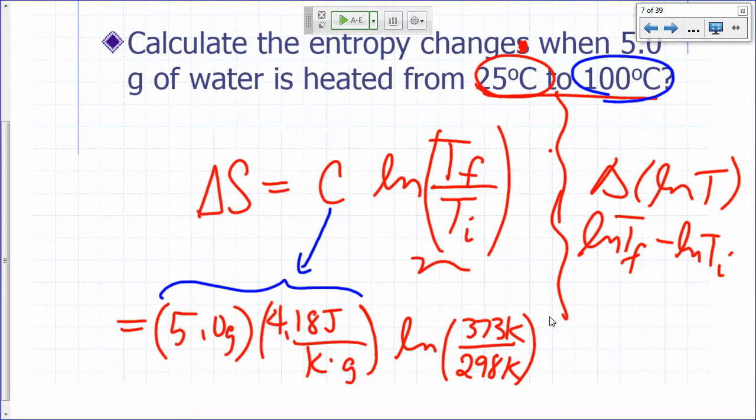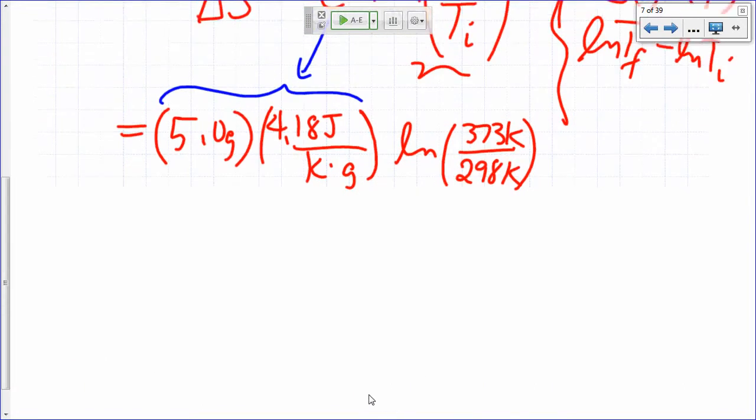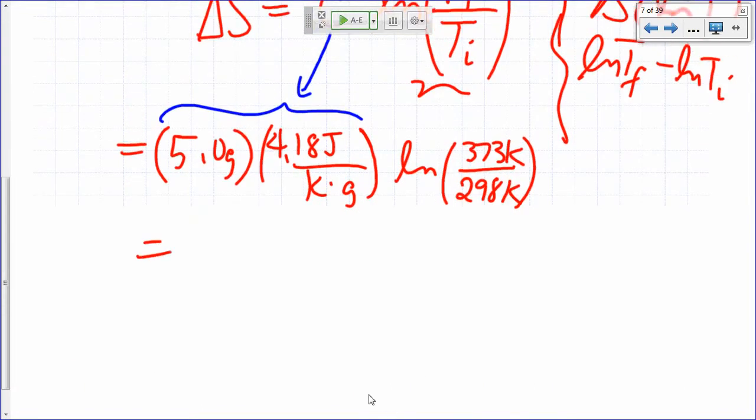So that's how you calculate your delta S. What's our delta S here?